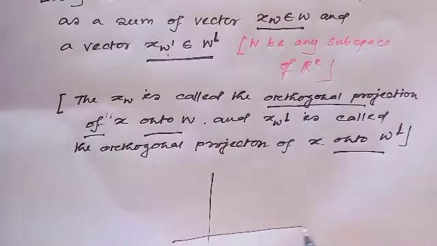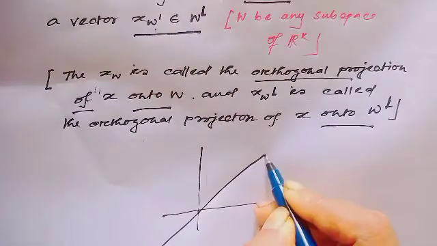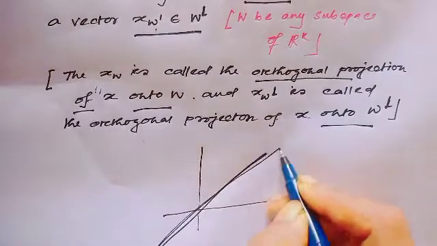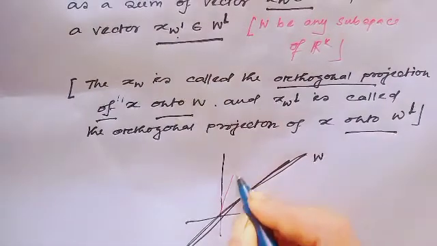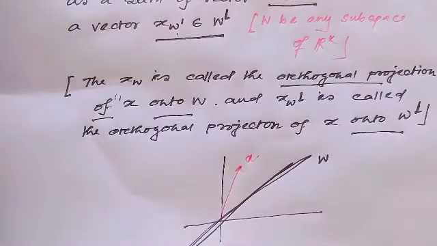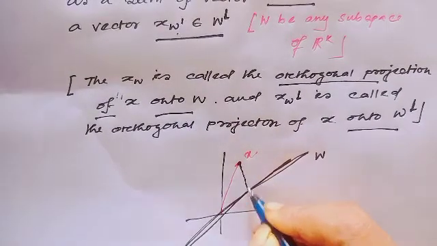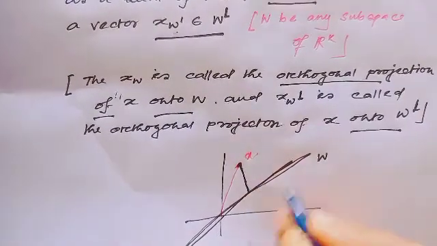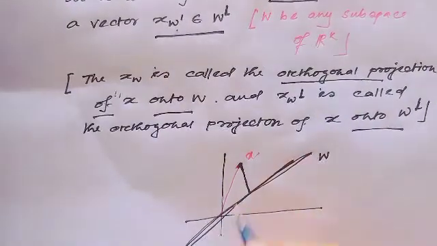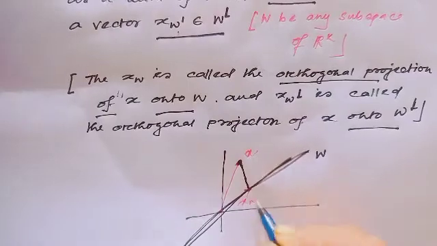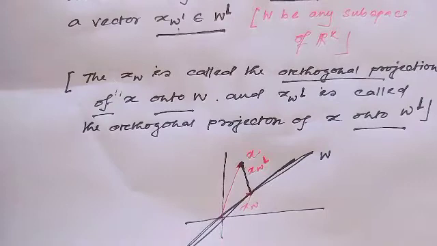And this is actually the new idea. What is the orthogonal projection? Just look at the picture. We all know, take any line passing through the origin; obviously this is a subspace. Consider a vector x, then just project it on this line, on this subspace W, then this is xW and this is xW perp.